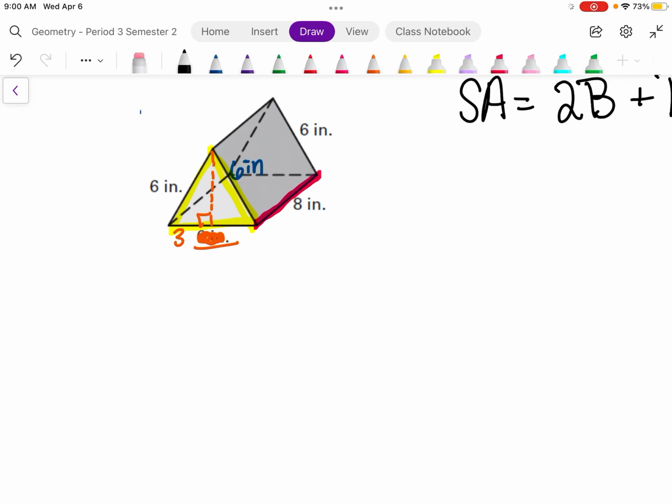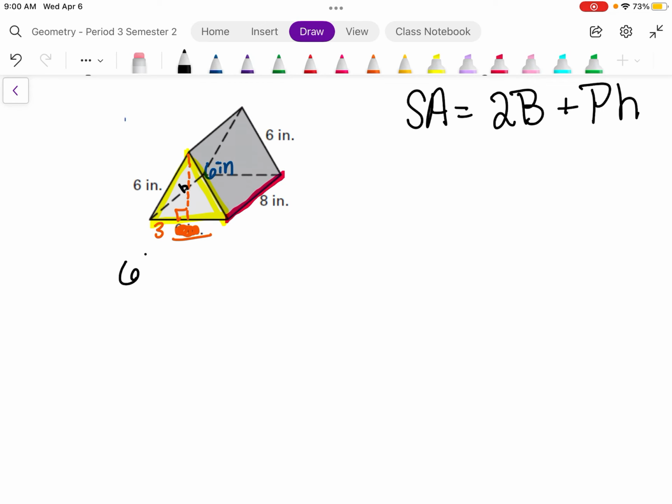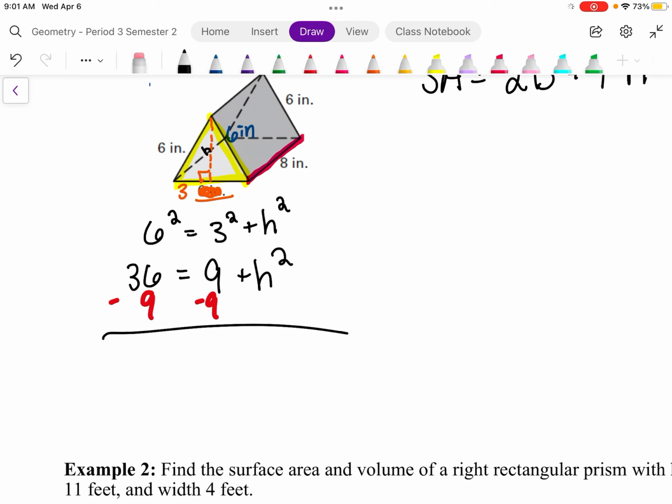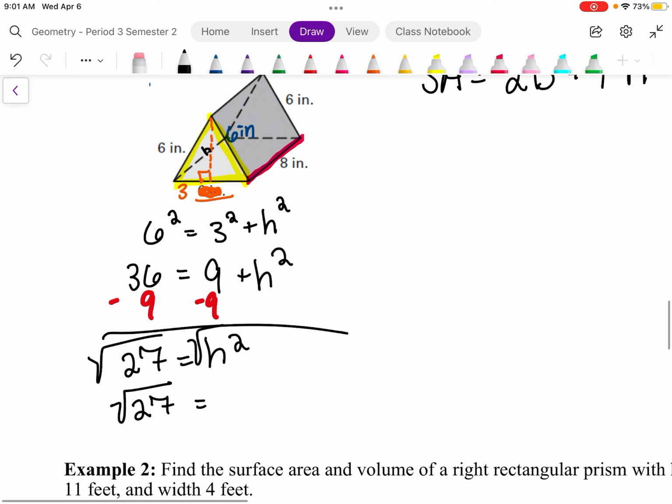And then we can use Pythagorean theorem to find the height. Okay, so then you just plug in these values and you solve. We get 36 equals 9 plus h squared. Subtract that on both sides, and we get 27 equals h squared. And because this isn't our final answer, we're going to leave this as a square root.